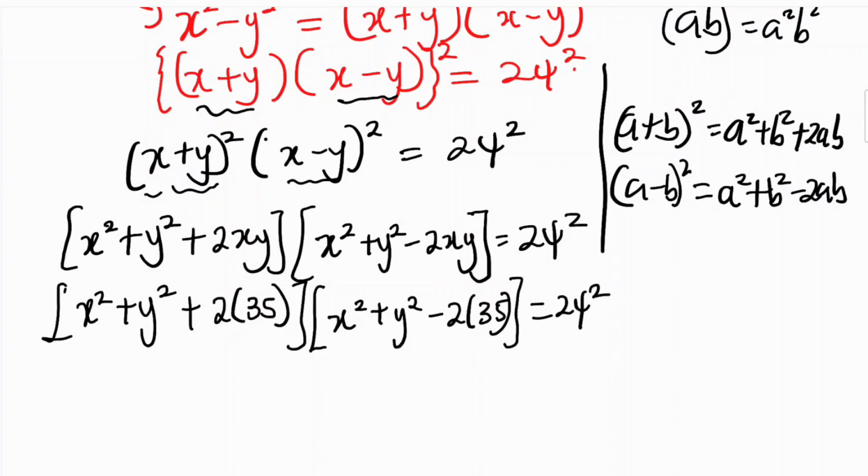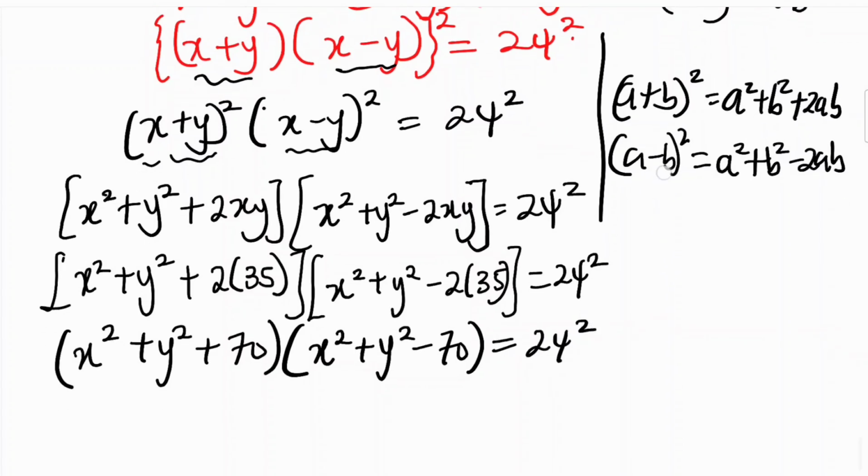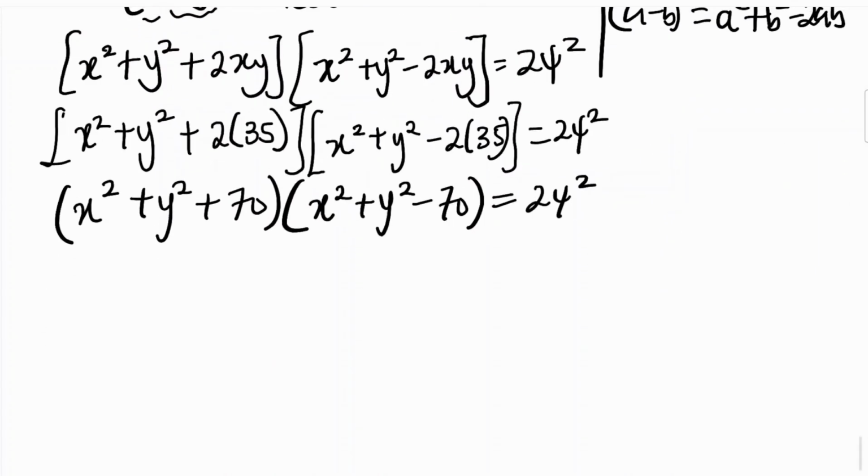So you can now see that we have x squared plus y squared plus 70 into x squared plus y squared minus 70 is equal to 24 squared, because 2 times 35 is 70. The next thing we look at is that this can be seen as a unit term, and this can also be seen as a unit term.